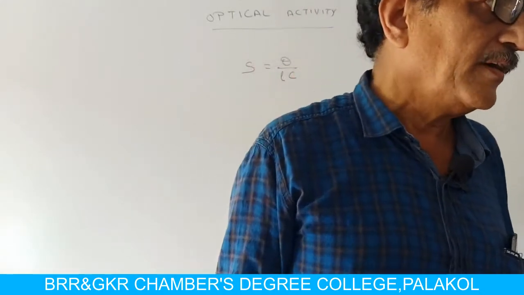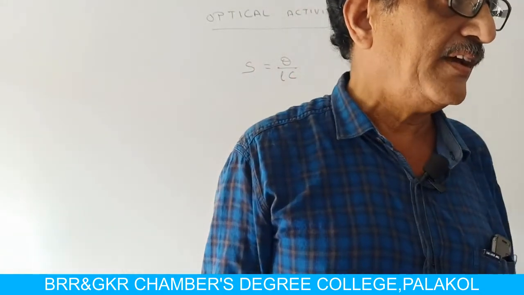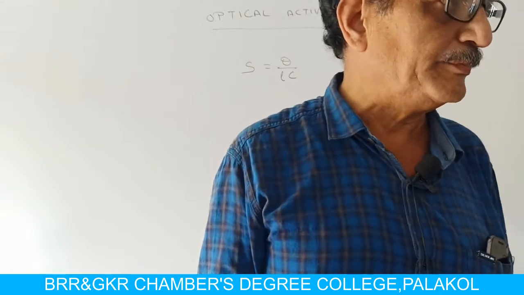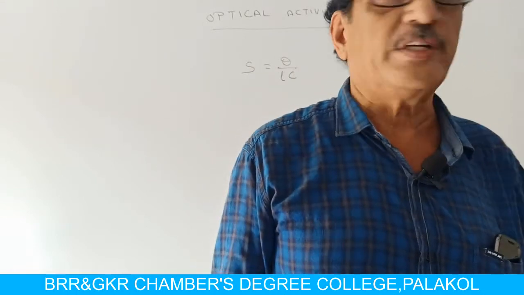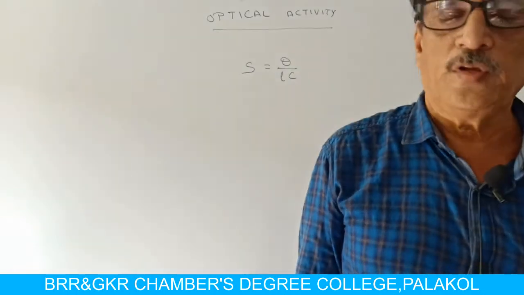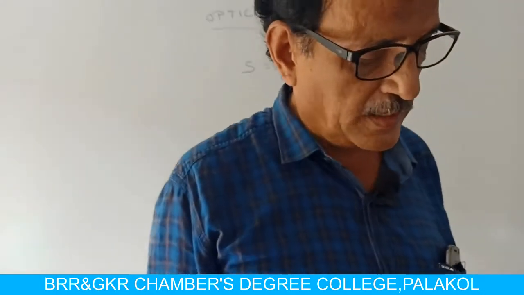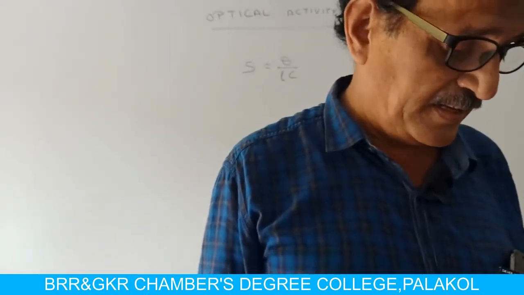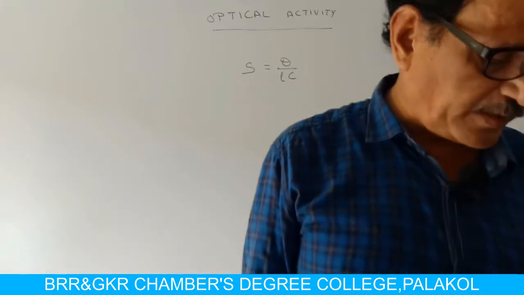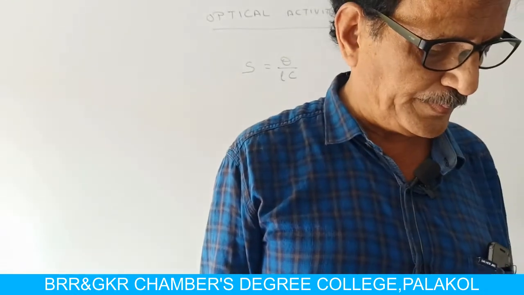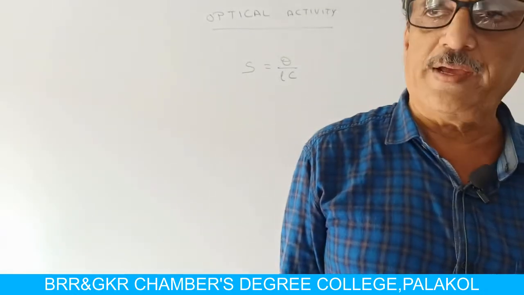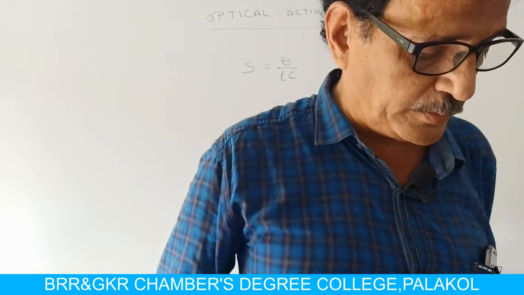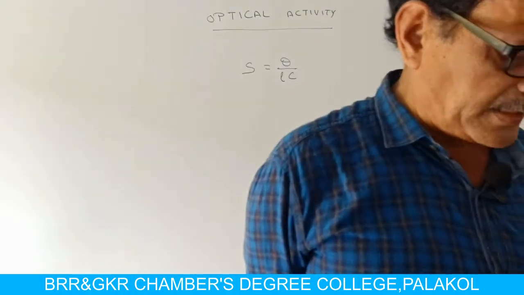That is, when the ray traverses a distance of 1 decimeter in an optically active solution whose concentration is 1 gram per cc, then specific rotation S is given by S equals theta by LC.